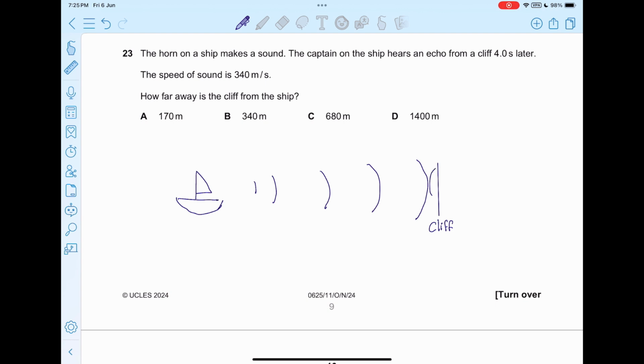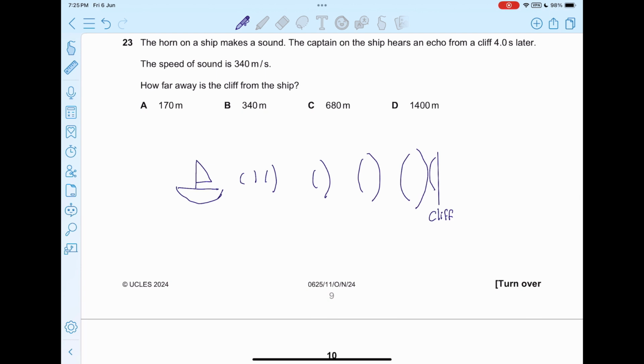Number 23. The horn on a ship makes a sound. The captain on the ship hears an echo from a cliff 4 seconds later. So the horn is making a sound from the ship to the cliff. So that is one distance. That's initially what happens when the sound is moving towards the cliff and hitting it.